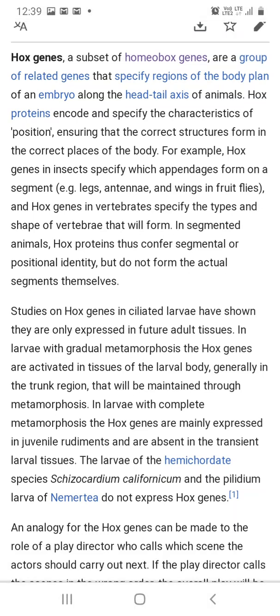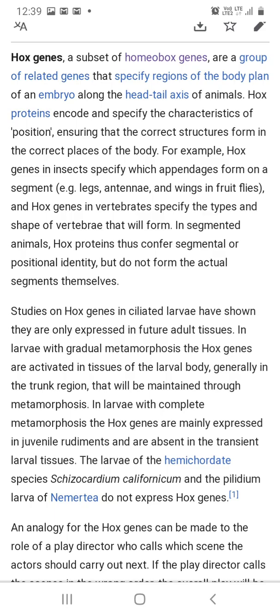Hox genes, we know, are the subset of homeobox genes, and they are a group of related genes that specify the region of the body plan of an embryo along the head-tail axis of the animal.